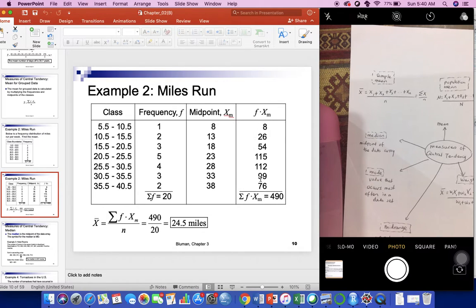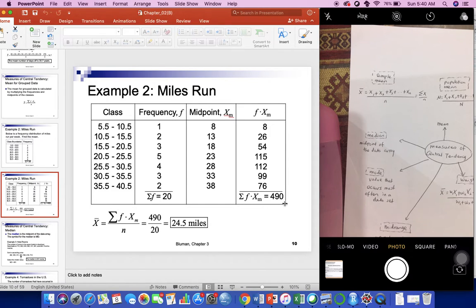So when you get all these values, frequency times midpoint, the last step is to find the summation of frequency times midpoint. The summation is 8 plus 26 plus 54 plus 150 plus 112 plus 99 plus 76, and you will get 490.